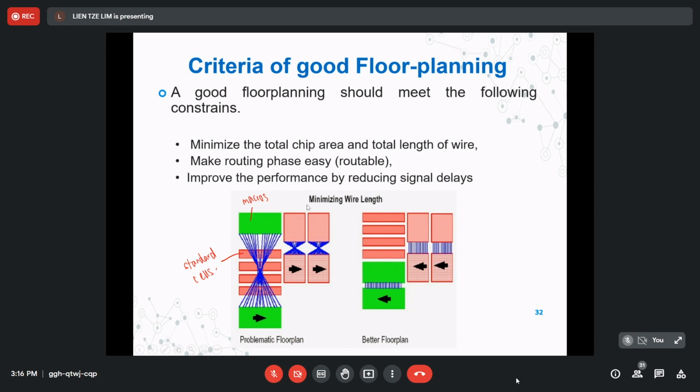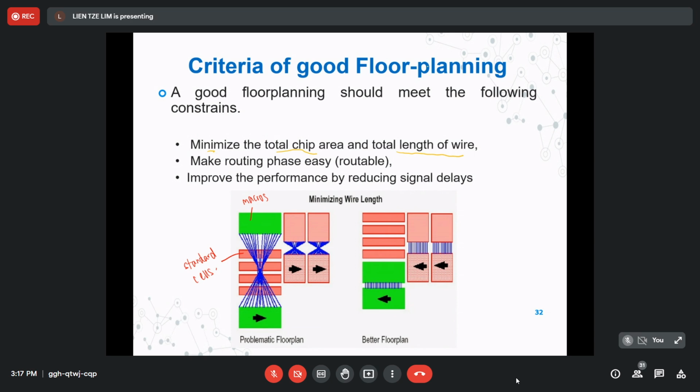So this is the objective that we have to achieve in a good floor planning. One is to minimize the total chip area. You have to remember: minimize total chip area and total length of wire.